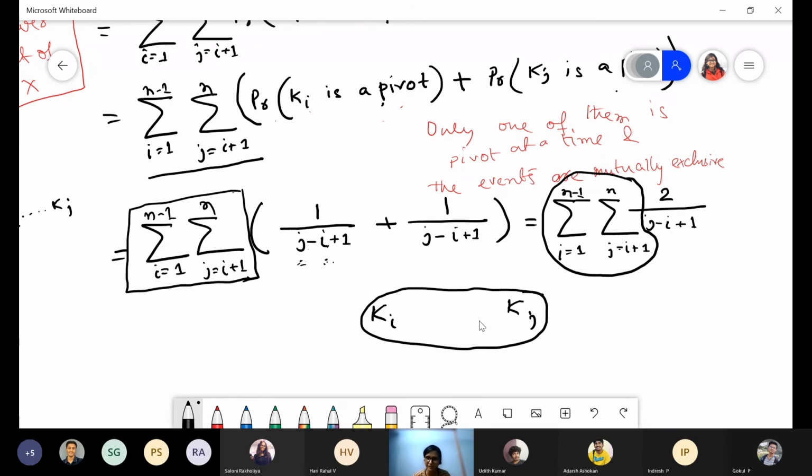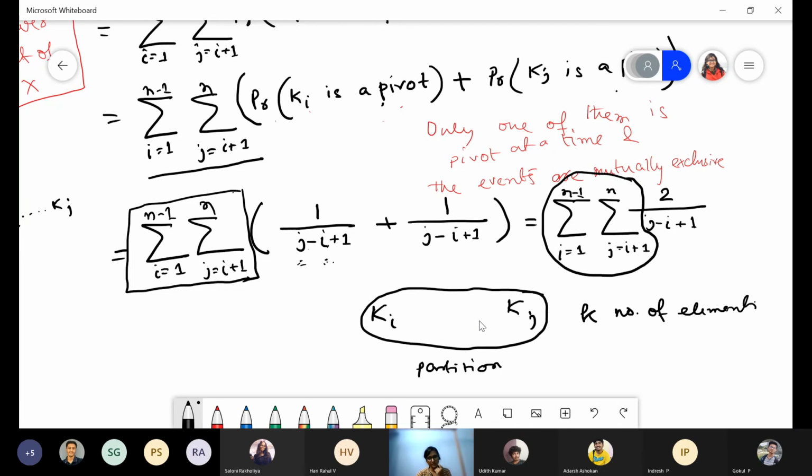Don't get confused between this i and j and the pointer values of our algorithm; those i and j and these i and j are not the same. So this is one partition, and inside this partition, how many possibilities are there that Ki and Kj can get compared? If this is my partition, how many elements are there? Suppose we have, say, small k number of elements.